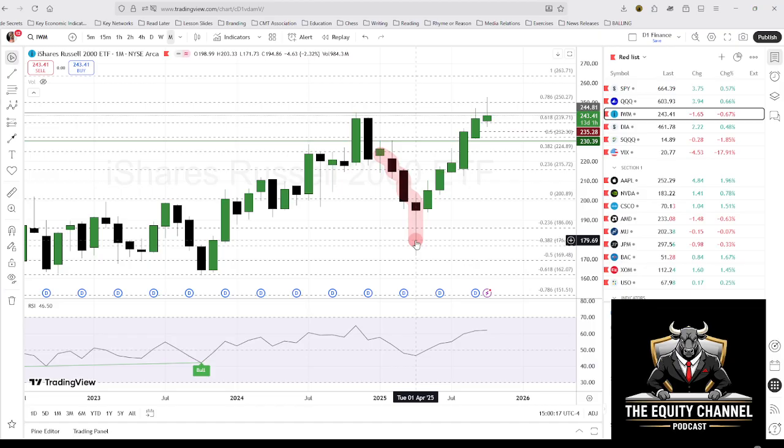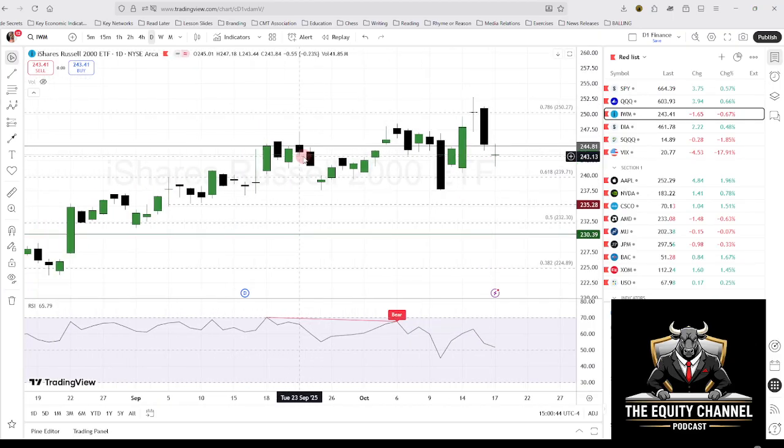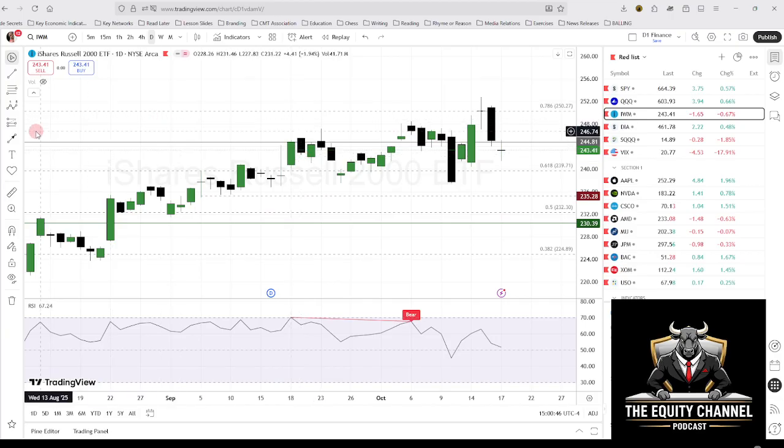Okay, so that's the significance of those highs and lows. You get to tell whether or not people are truly optimistic about the market.